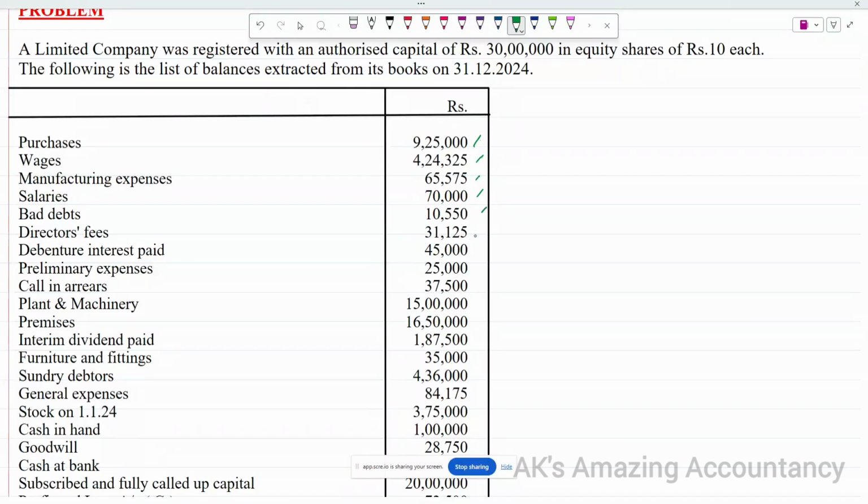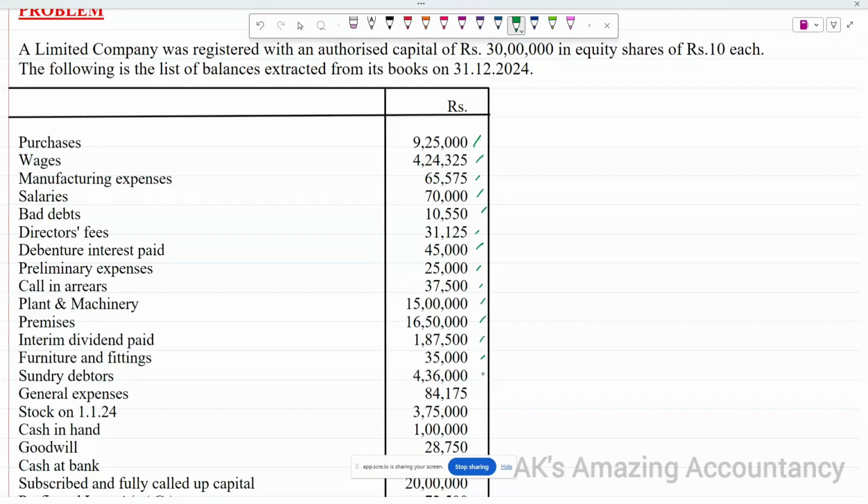Directors' fees 31,125. Debenture interest paid 45,000. Preliminary expenses 25,000. Calls in arrears 37,500. Plant and machinery 15 lakhs. Premises 16 lakhs and 50,000. Interim dividend paid 1,87,500. Furniture and fittings 35,000.